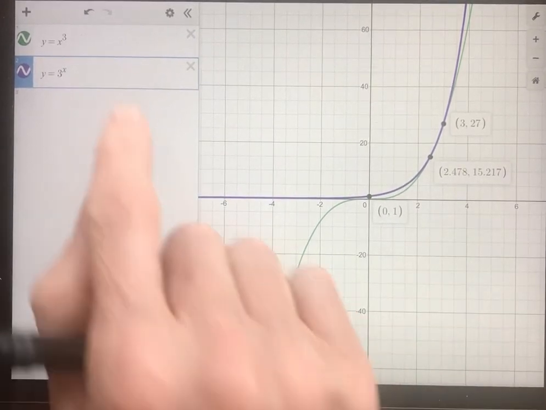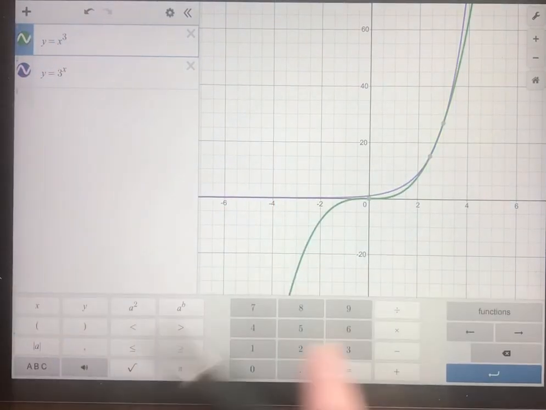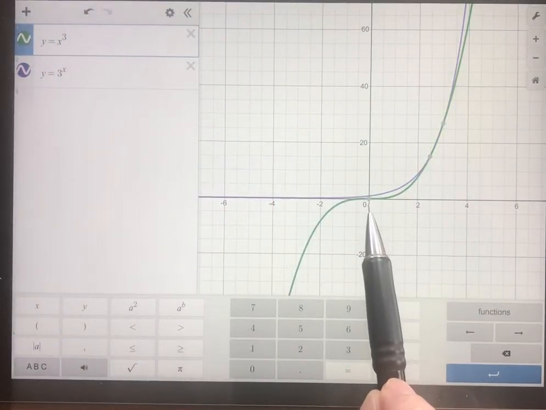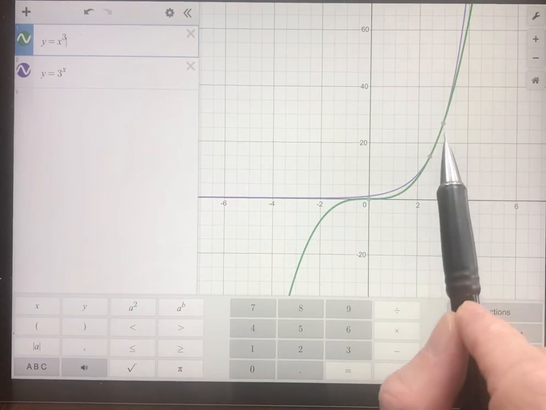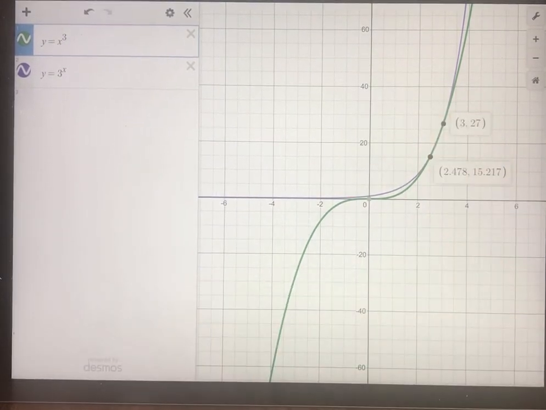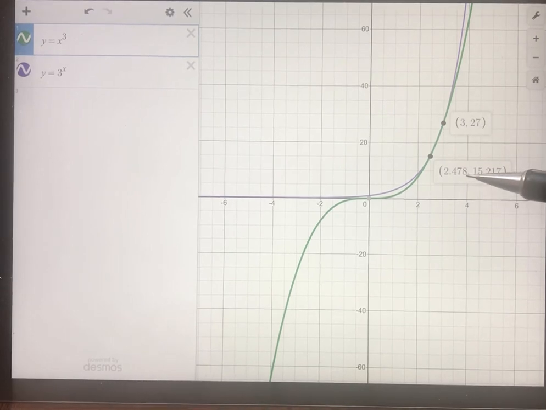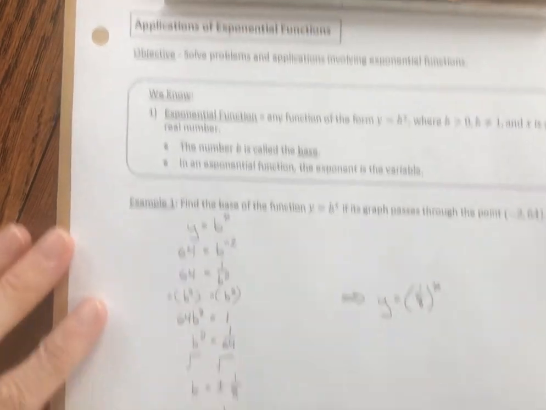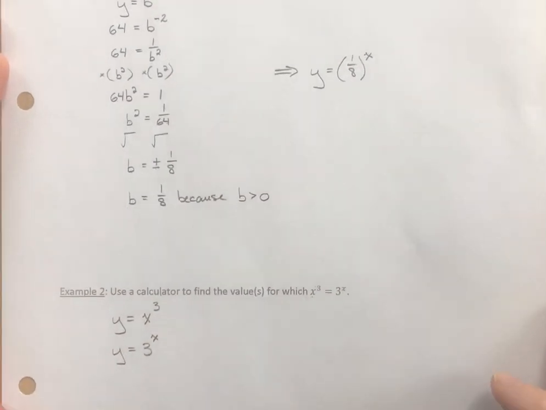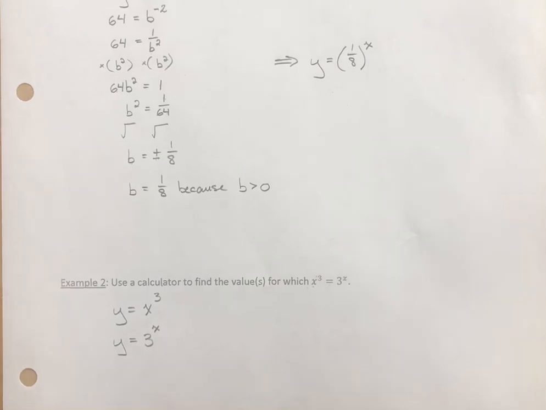And again, if I highlighted the top one, it'll give me the intercept of the power function, and again it'll give me the key points of where it intersects the other function. So there we have it. We have two answers: when x equals 3, and when x equals approximately, I would imagine, 2.478.